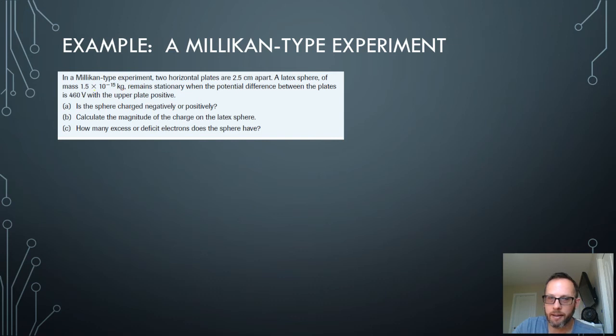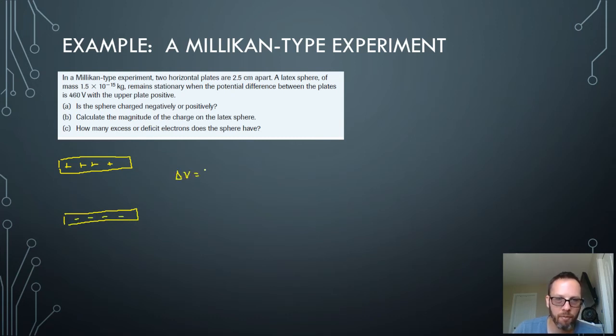So just like Millikan and his oil droplets, this latex sphere is suspended between these two plates. And when the potential difference is 460 volts, and we're told the upper plate is positive here. So let's actually just draw this out. So the upper plate, positive. Lower plate, negative.